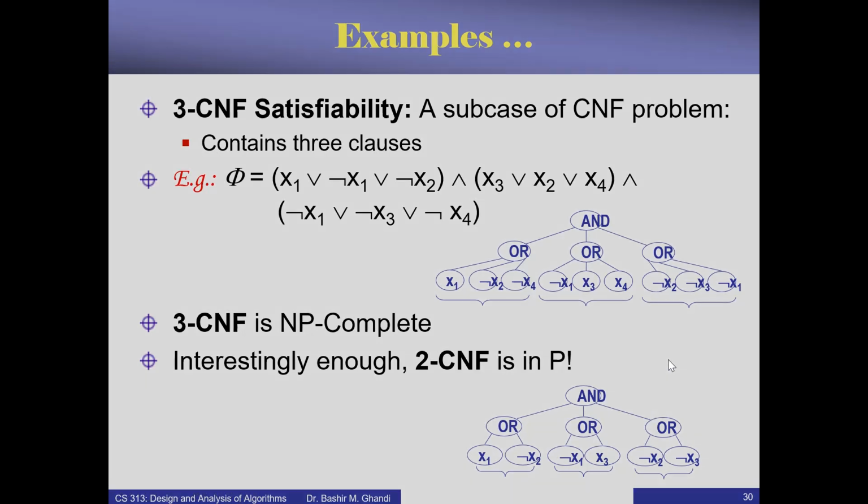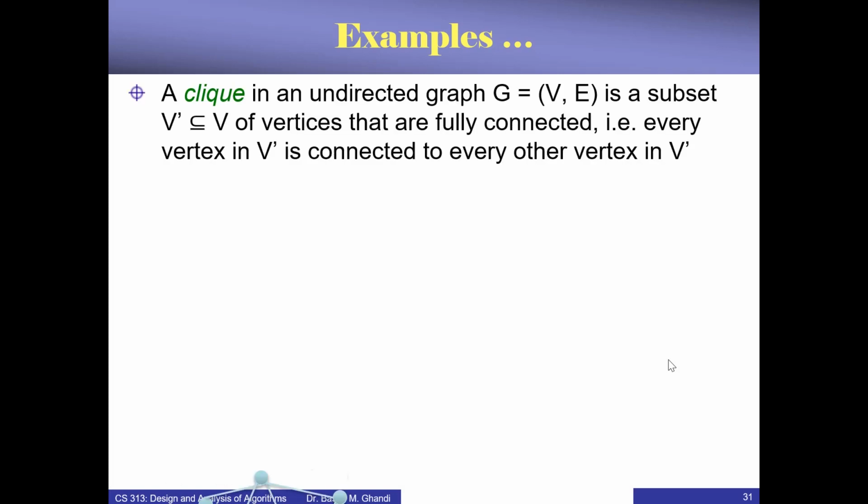Our last example is a clique. So what is a clique? A clique in an undirected graph is a subset of vertices V prime of the vertices of the graph V that are fully connected. You remember the definition of a full graph from the data structure course.